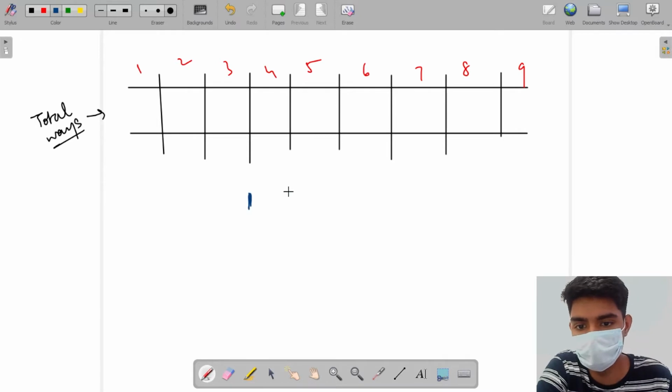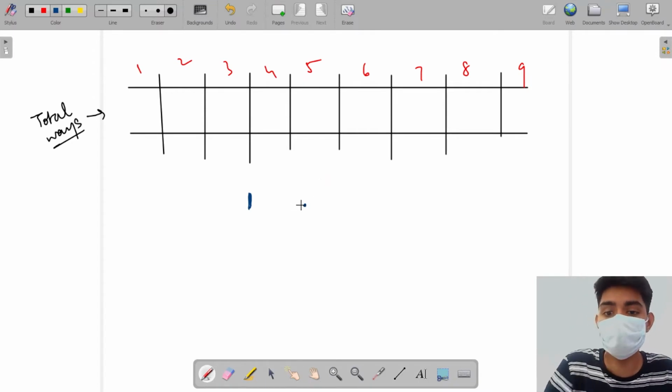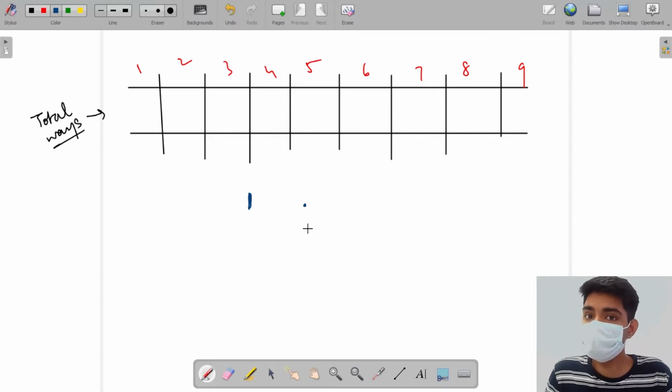Let's see for 1. If 1 wants to go to a party, and this is a single guy, he cannot pair up with someone, because he's already alone. So the only way he can go to the party is alone.